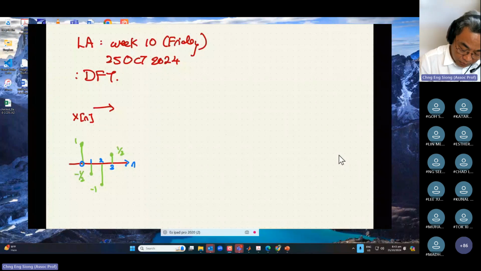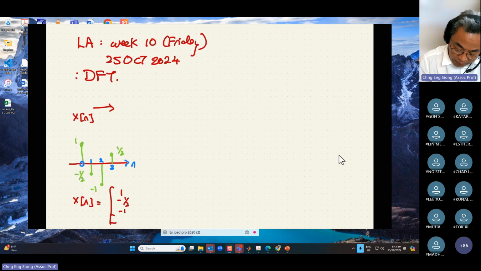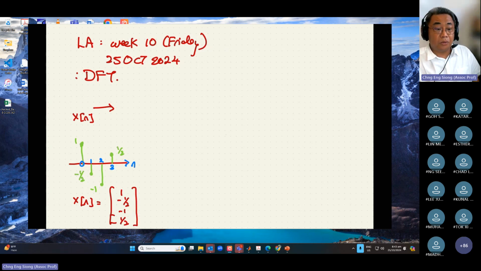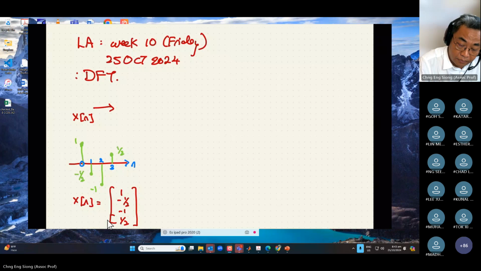And we can label this sequence as a vector, 1, minus half, minus 1, and half. So x is a vector with 4 elements.